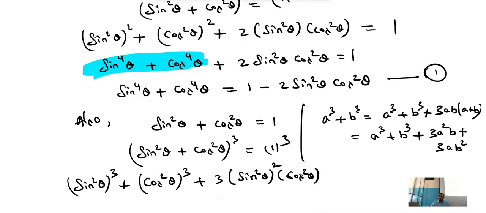Here a means sin square theta and b means cos square theta.